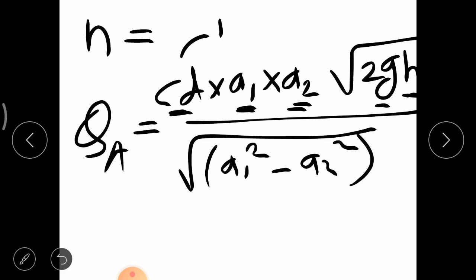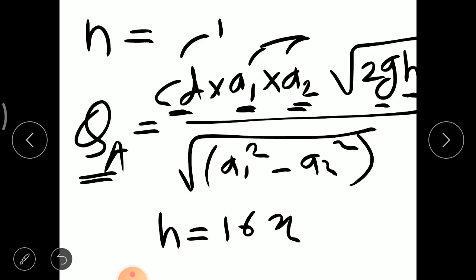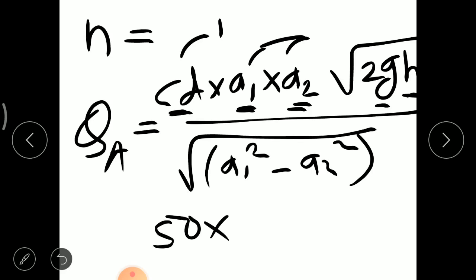The value of CD is equal to 1, A1 and A2 are as calculated, H is equal to 16 times x, and Q is equal to 50 liters per second, but we have to take 50 multiplied by 10 raised to minus 3 meter cube per second.